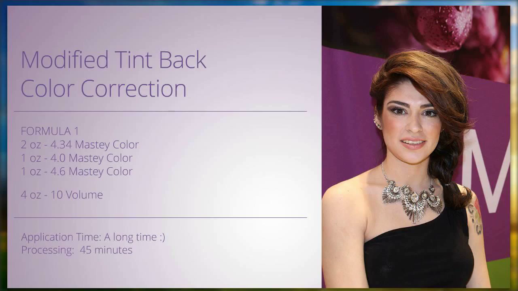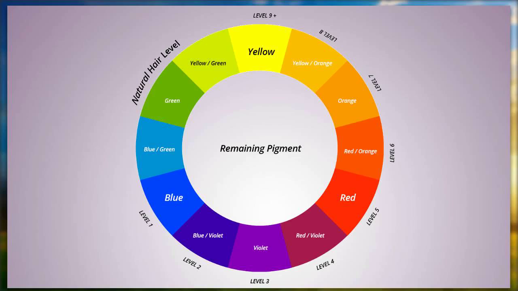So you're jumping away from having to do two different processes to just one, which is going to save you time. At the same time, you're using the restorative mask, so you're rebuilding that hair and making it more healthy. And by just following that one-step formula at first, you're going to be able to get really, really nice results that will get you a lot more referral customers as well.